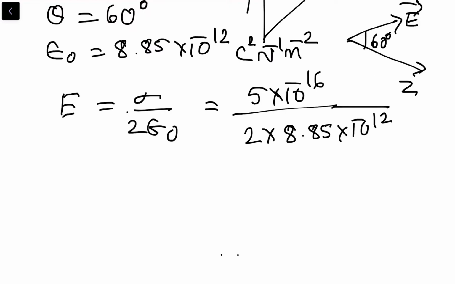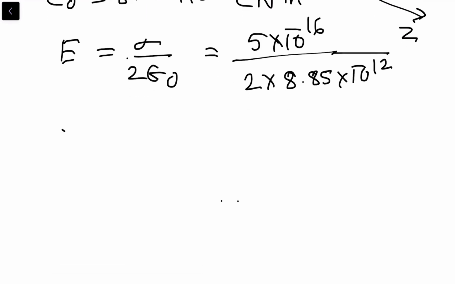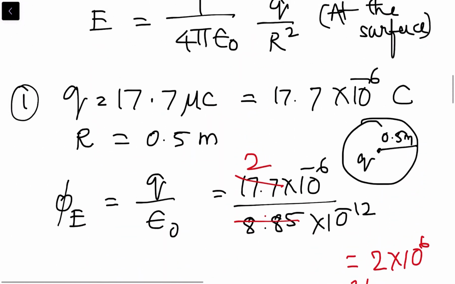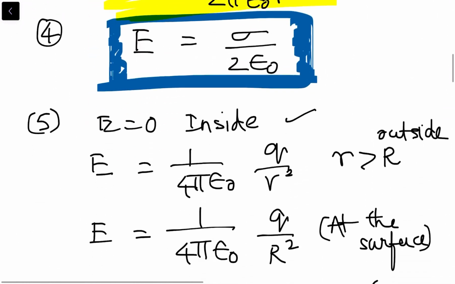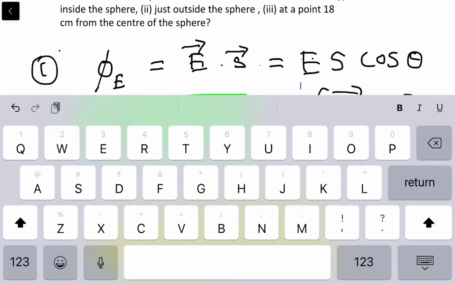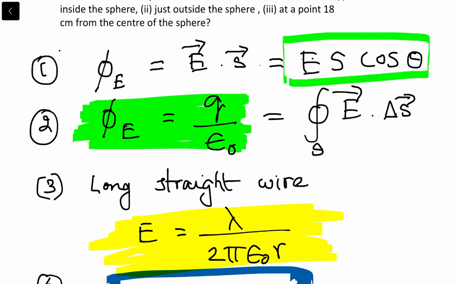Now flux through the area, that is phi E is equal to E delta S cos theta. I have already shown you that formula on the top, so I am using it here.